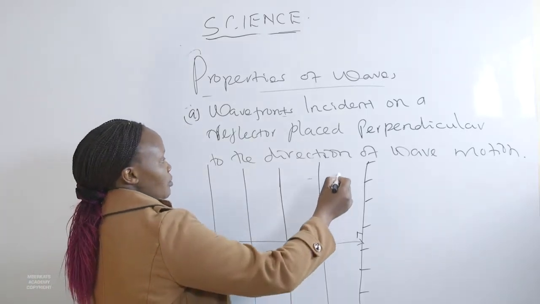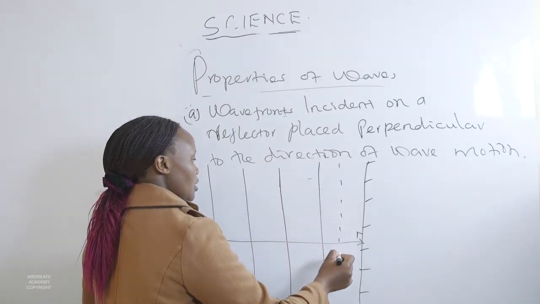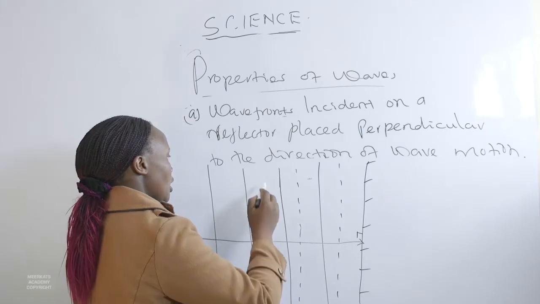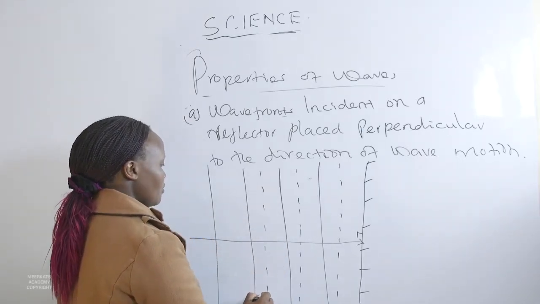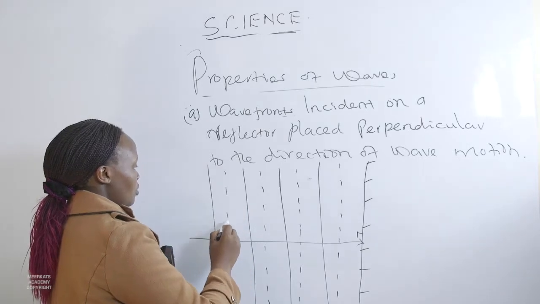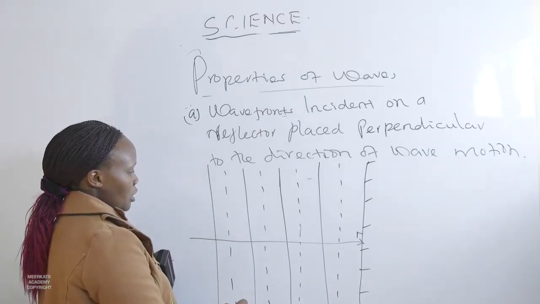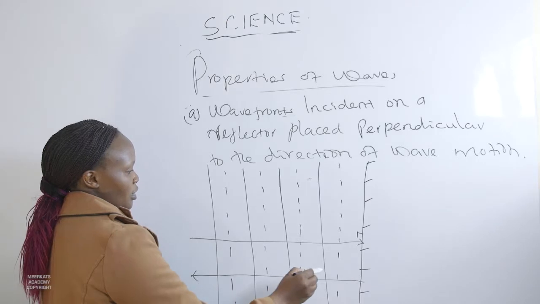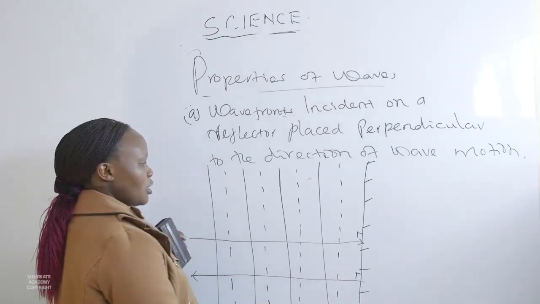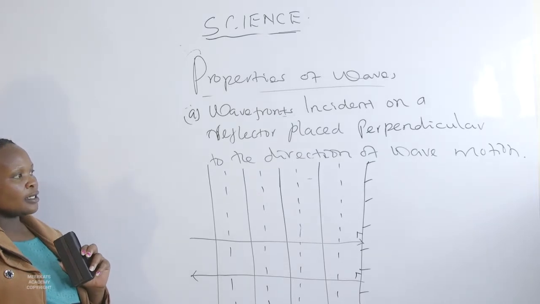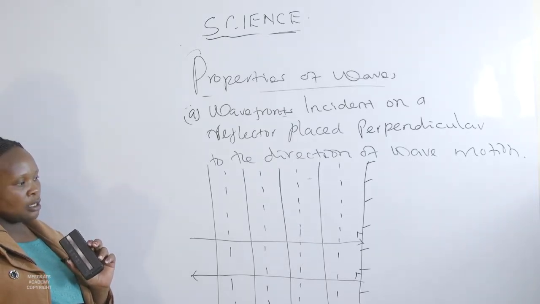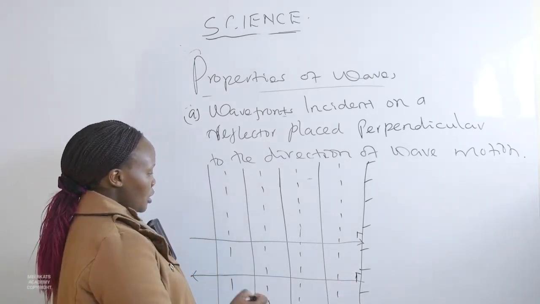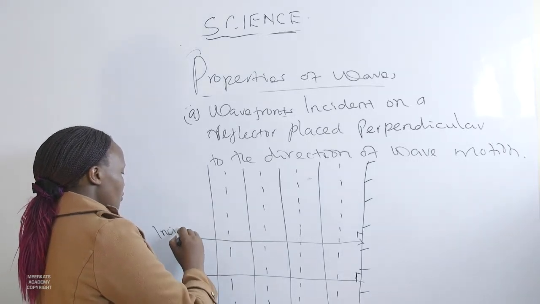Now these ones, we expect them to be reflected in such a way that they remain plane, and then we also have a right angle of reflection. So they are going to be sent back in such a way that the angle between the reflecting surface and the direction of motion of the wave are actually right angles.